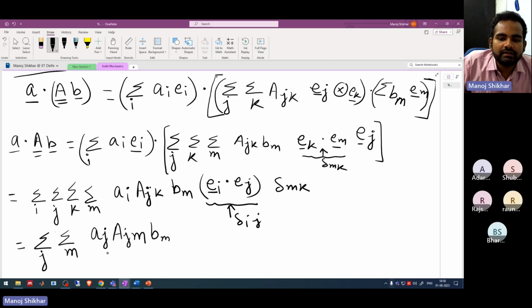So you can see j is coming here. The repeating indices also have a special name. They are also called dummy indices. So j is repeating here, m is repeating here.